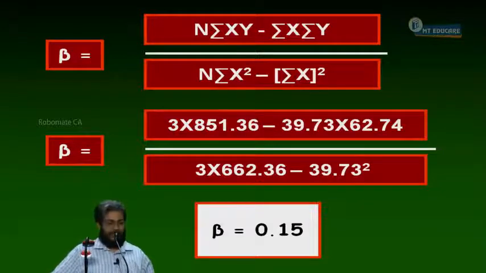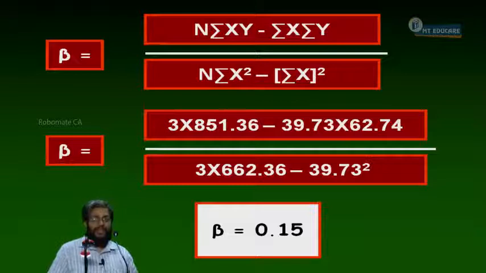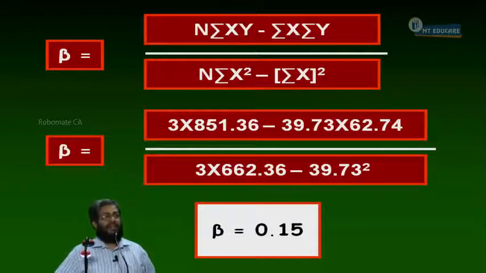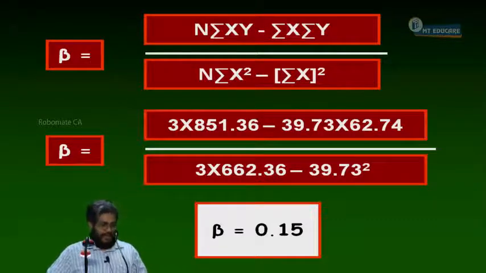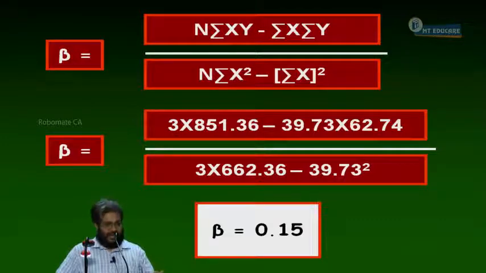Hence, market return is represented in x-axis and security return in y-axis. Point number 1. Everybody understanding it or not?